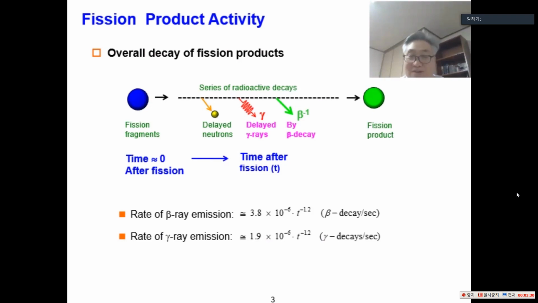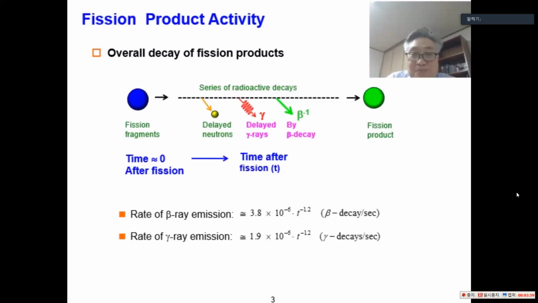The beta reaction makes a neutron become a proton. So one way of getting stabilized is to emit a minus electron to remove a neutron and get a proton. So fission products normally undergo beta reaction and gamma reaction.